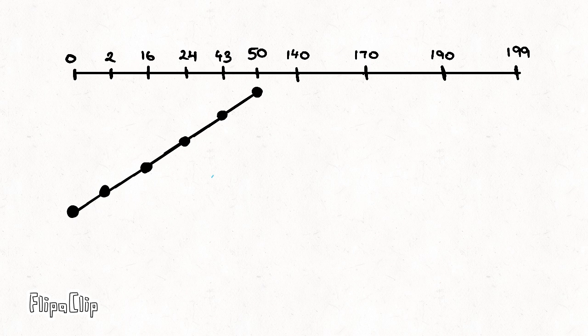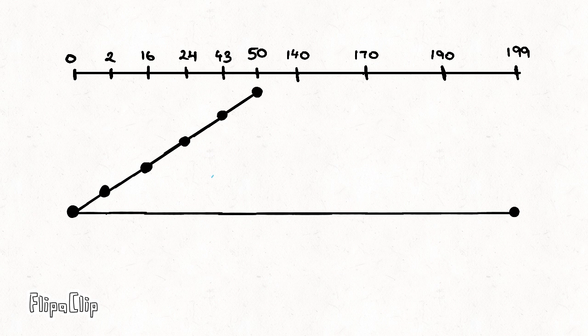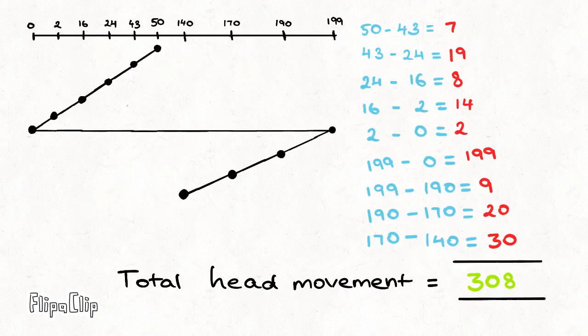But now it will go from 0 directly to 199 without satisfying 140, 170 and 190. After reaching 199, it will start moving towards the left again, and then it will satisfy 190, 170 and 140 respectively. And thus it will give us this mapping and this head movement.